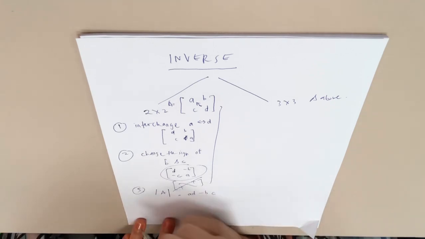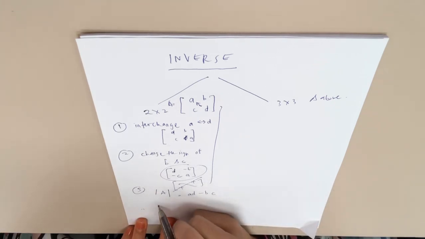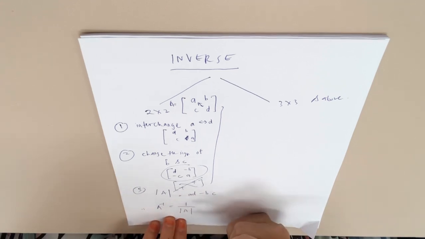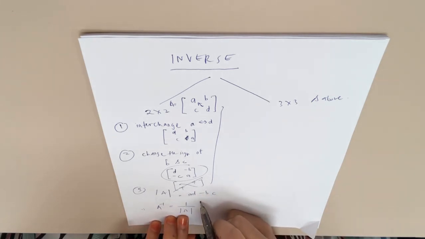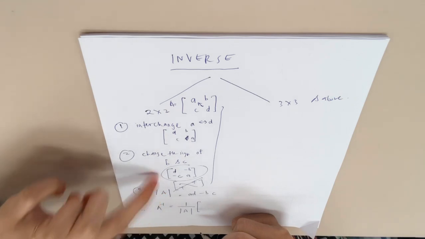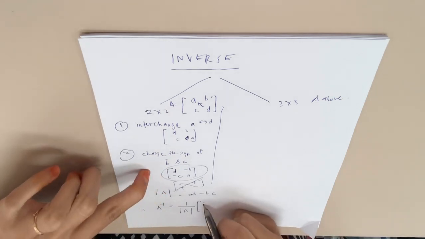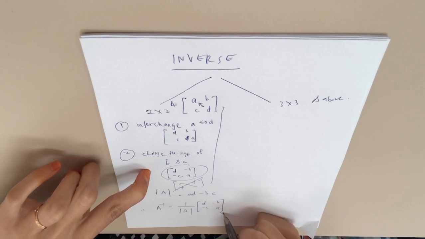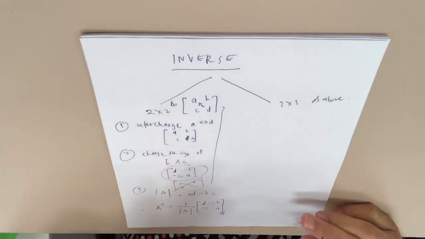Therefore, the answer for A inverse for 2 by 2 is 1 over the determinant, multiplied with the new matrix: D, negative B, negative C, A. This is the general one.